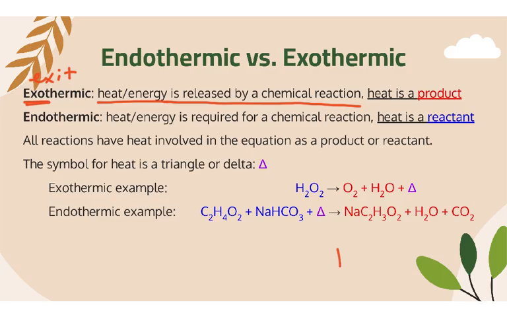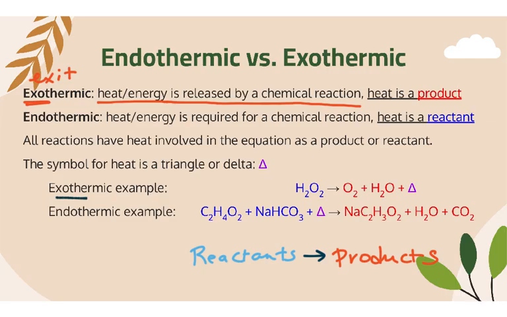Remember, we have our products on the right side of our arrow. We have our reactants on the left side. And then the arrows showing how we separate those out. So in an exothermic reaction, that heat is getting released.